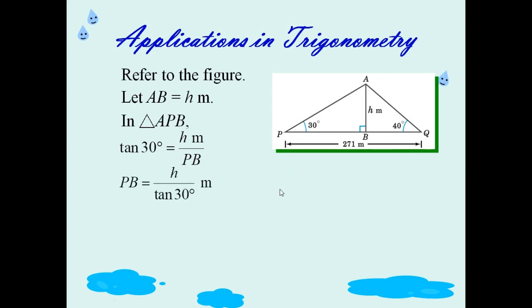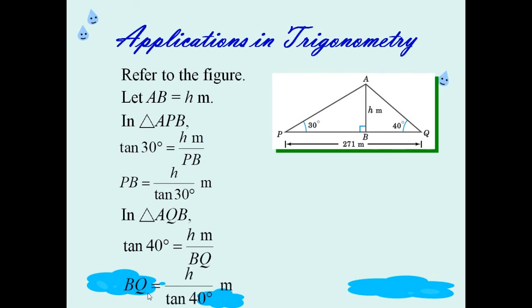So PB is just equal to H over tangent 30 degrees. Similarly, for the right hand side right angle triangle, using the same method, AB over BQ, which is the opposite side over the adjacent side, is equal to tangent 40 degrees. So I can find BQ is equal to H over tangent 40 degrees.